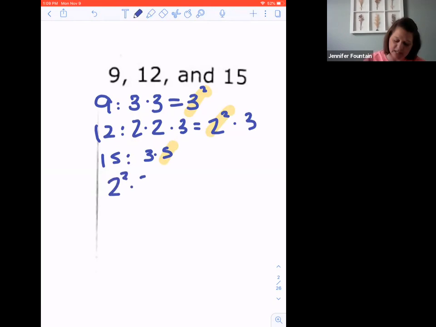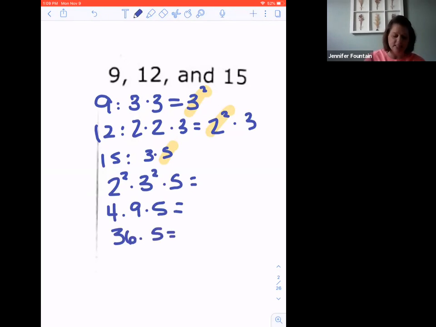So 2 squared times 3 squared times 5. 2 squared is 4. 3 squared is 9. Then we have 5. So 4 times 9 is going to give me 36. And then 36 times 5 is 180.